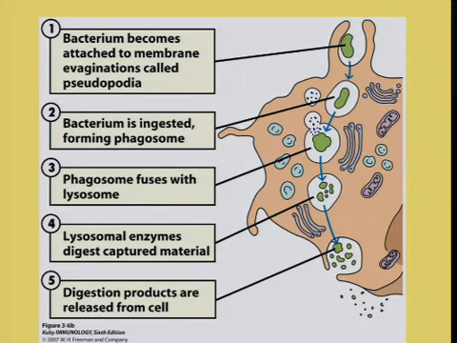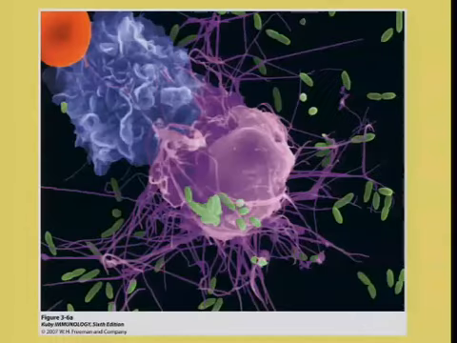Think of this as the burp stage, where it's done, and now you excrete stuff that is harmless. Okay? Now, somewhere along the line, which it doesn't show here, some of these cells save some of these pieces for antigen presentation, which we'll cover next week. And this is just a pretty picture showing phagocytic cells attaching to particular microorganisms.